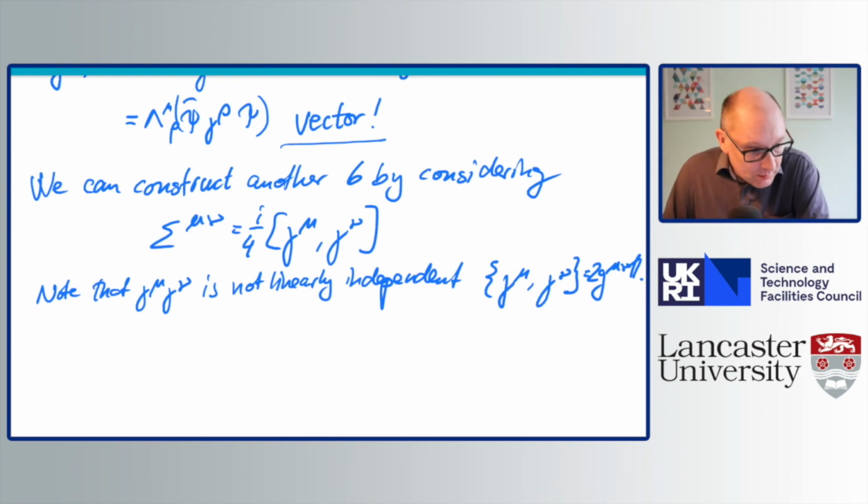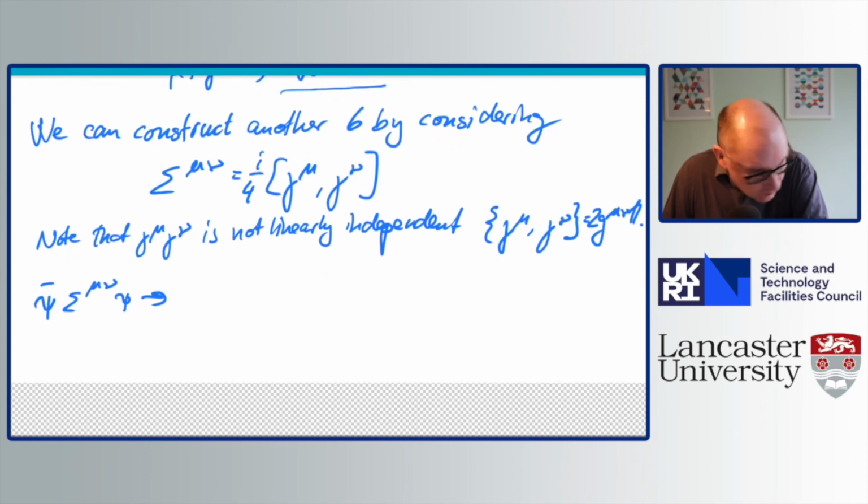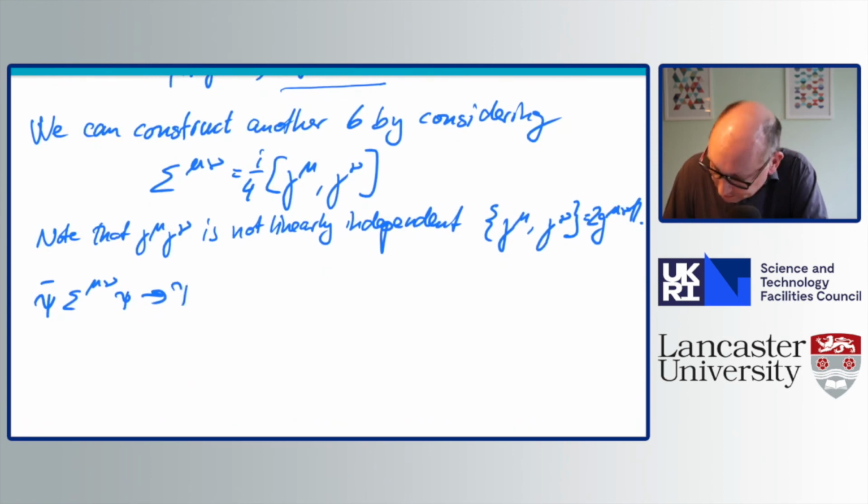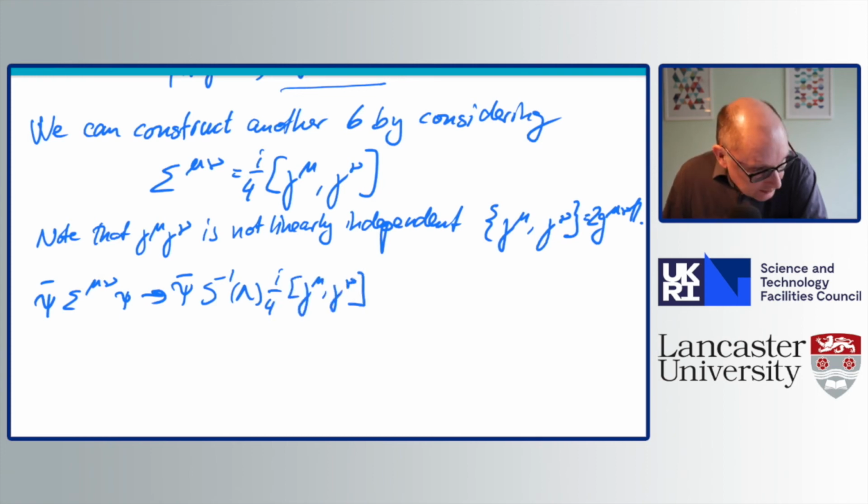Anyway, what we find is that ψ̄ σ^μν ψ under Lorentz transformation will go into ψ̄ S⁻¹(Λ) (i/4)[γ^μ, γ^ν] S(Λ) ψ.